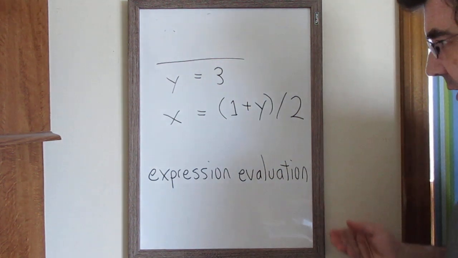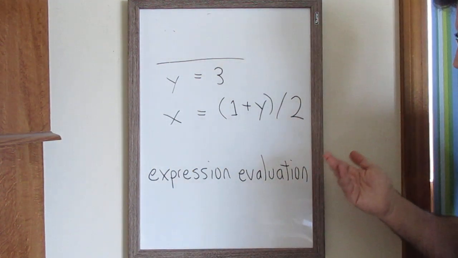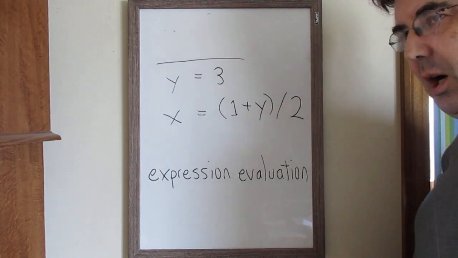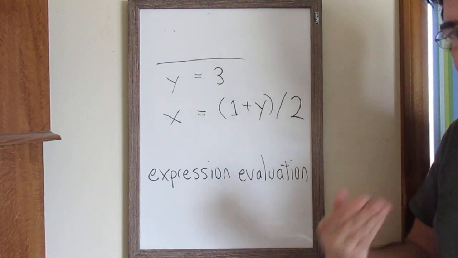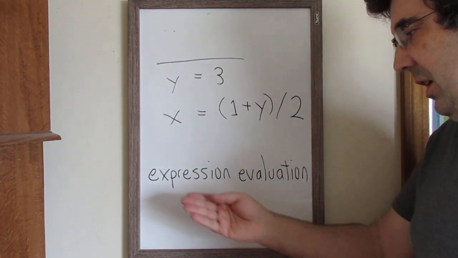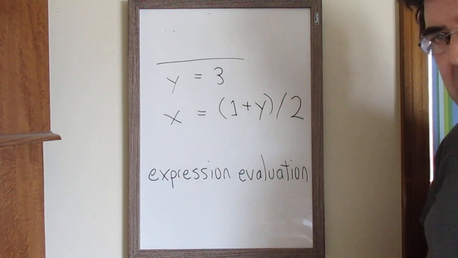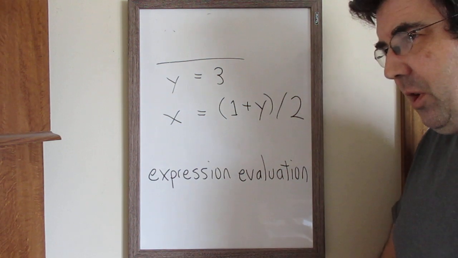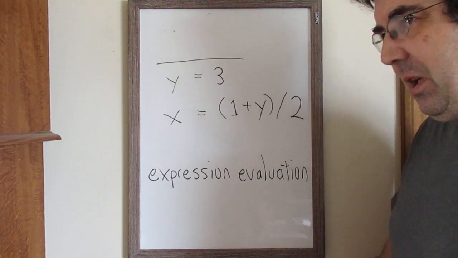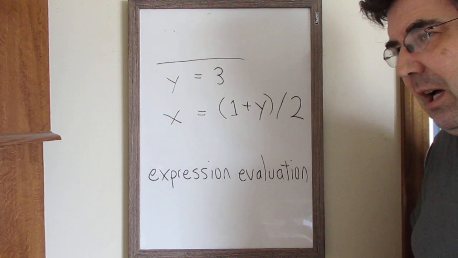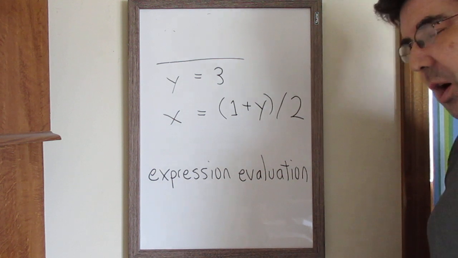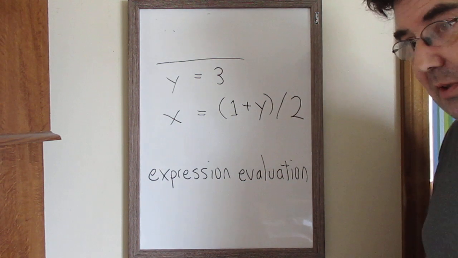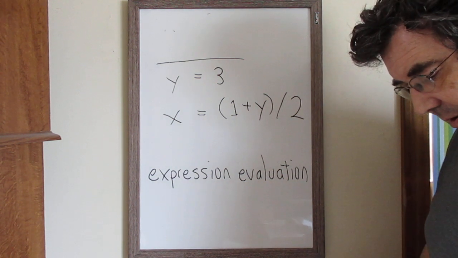When you have something on the right side that's a little bit more complicated, then you have a process that's called expression evaluation, which with simple examples is very straightforward and intuitive, but you have to think about it a little bit more when you go to more complex examples that we'll encounter later on.